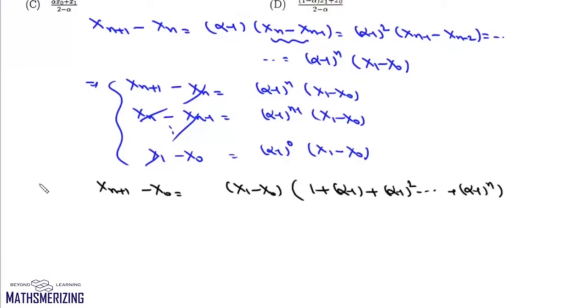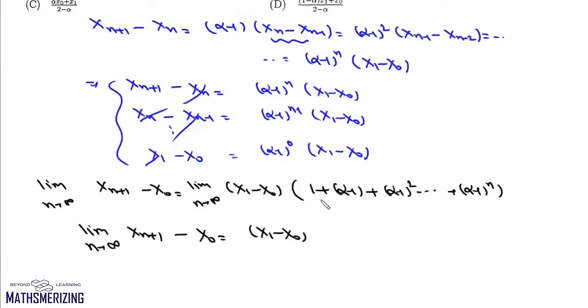Now we'll take the limit n tends to infinity. So it will be the limit as n tends to infinity of x(n+1) minus x0, and here will be x1 minus x0, and then this series, which is nothing but an infinite GP whose sum is a upon 1 minus r, which is 1 minus (alpha minus 1). So it will be (x1 minus x0) upon (2 minus alpha).